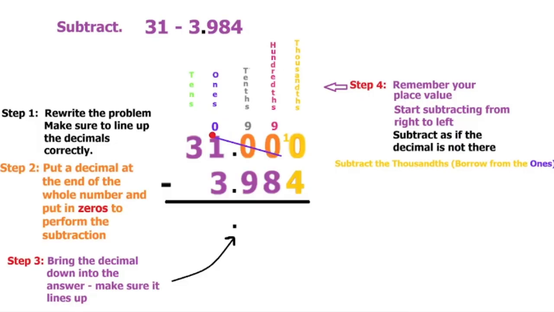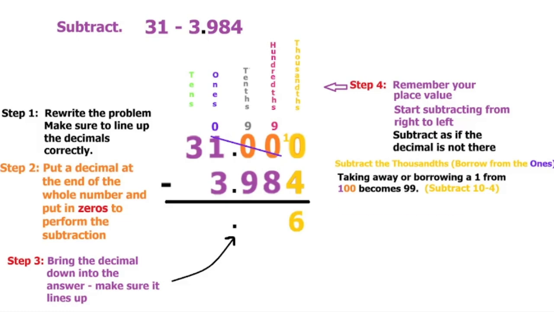So that's what you put here. And then you put the 1 in front of the 10 that you borrowed. So taking away or borrowing a 1 from 100 becomes 99. Now we just subtract 10 minus 4. Okay? So that's equal to 6.